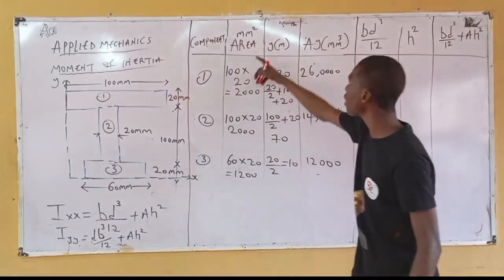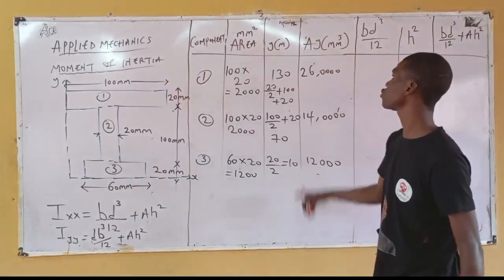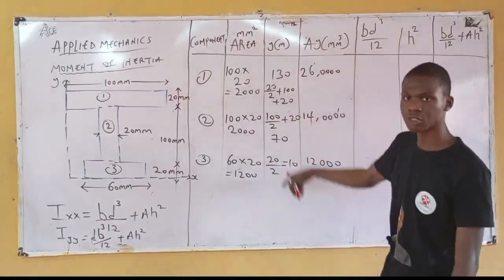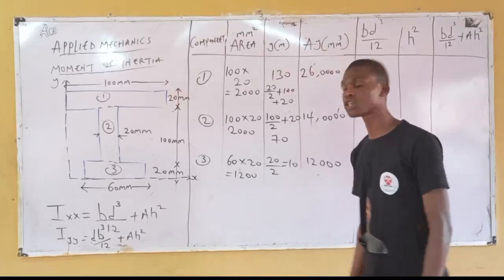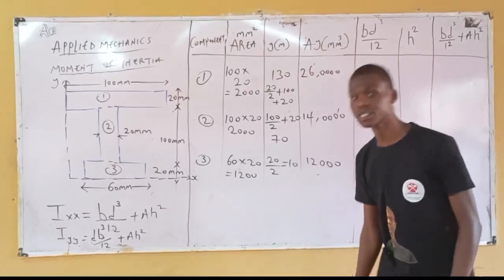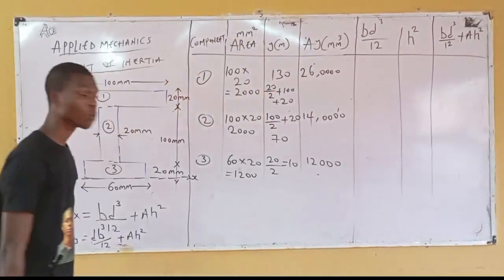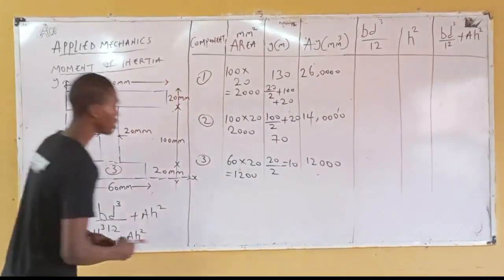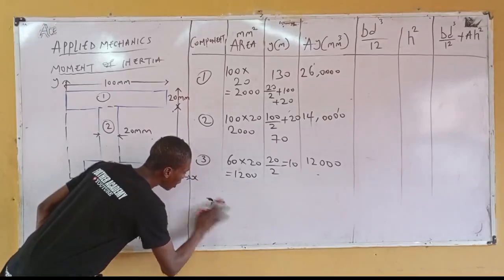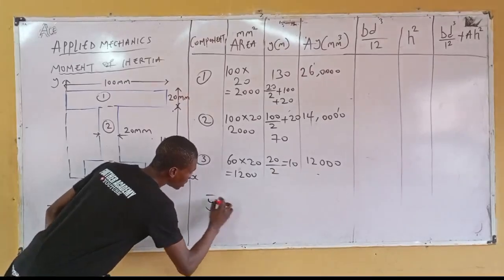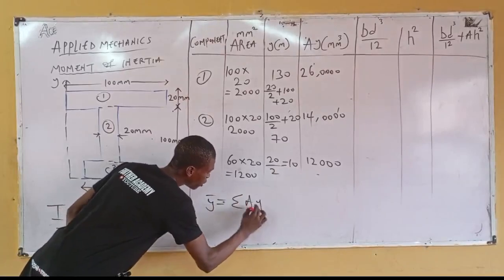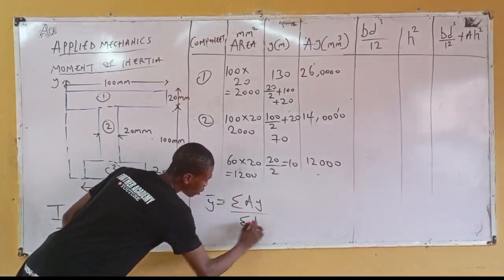We've computed the value of the area, the centroid, and the product of area and centroid. Now, by formula, what is the centroid? What is the formula for centroid? Centroid, y bar is equal to summation of ay over summation of a.